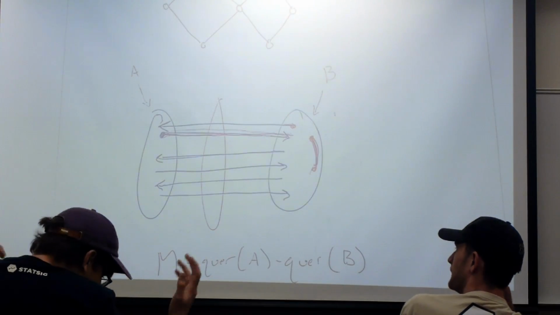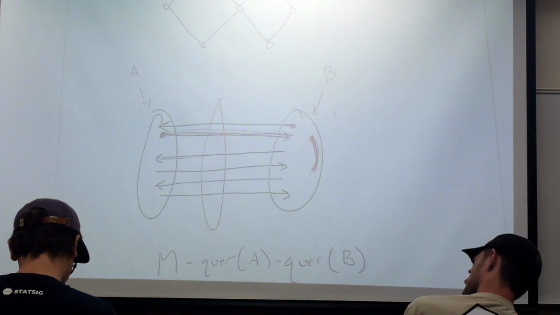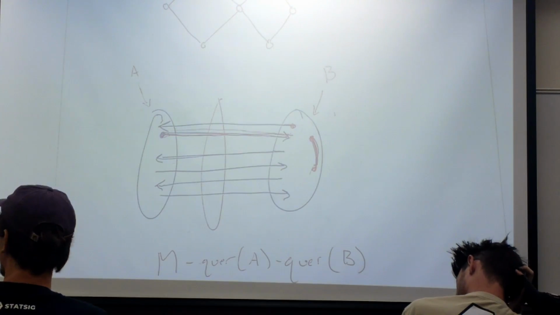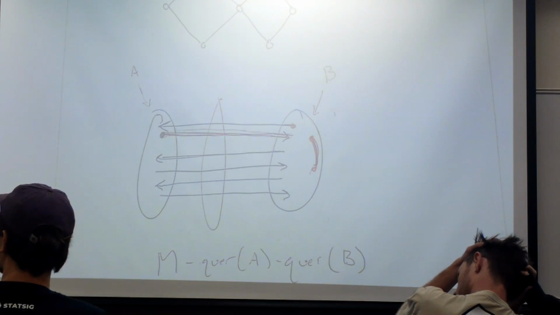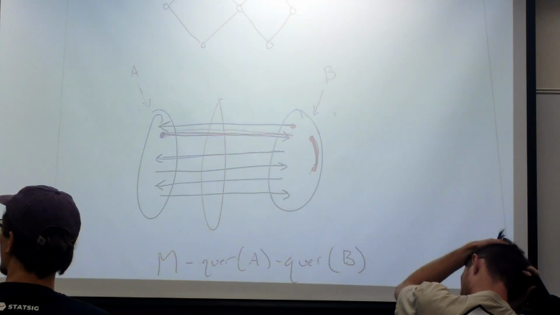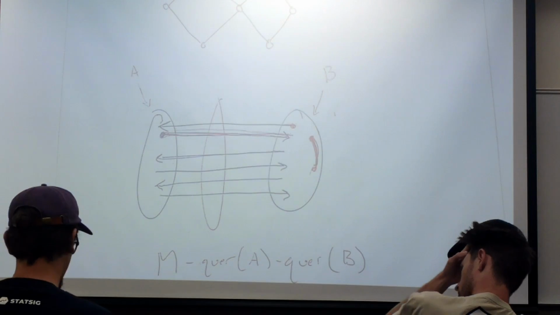The idea is that if you have an odd number of vertices on one side, well, first of all, a graph can't have an odd number of odd vertices, because of the handshaking lemma.